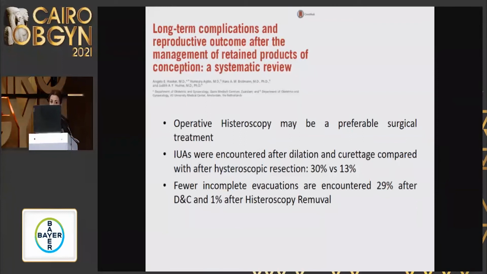In a wide review, operative hysteroscopy may be a preferable surgical treatment. Intrauterine lesions were uncontrolled after dilatation and curettage compared with hysteroscopic resection, and we have fewer incomplete removals if we compare the technology of D&C and hysteroscopic removal.